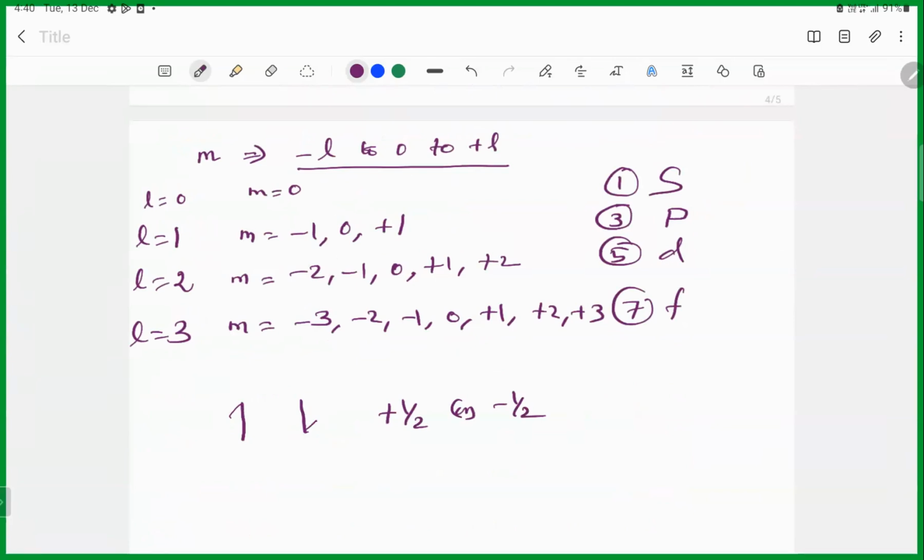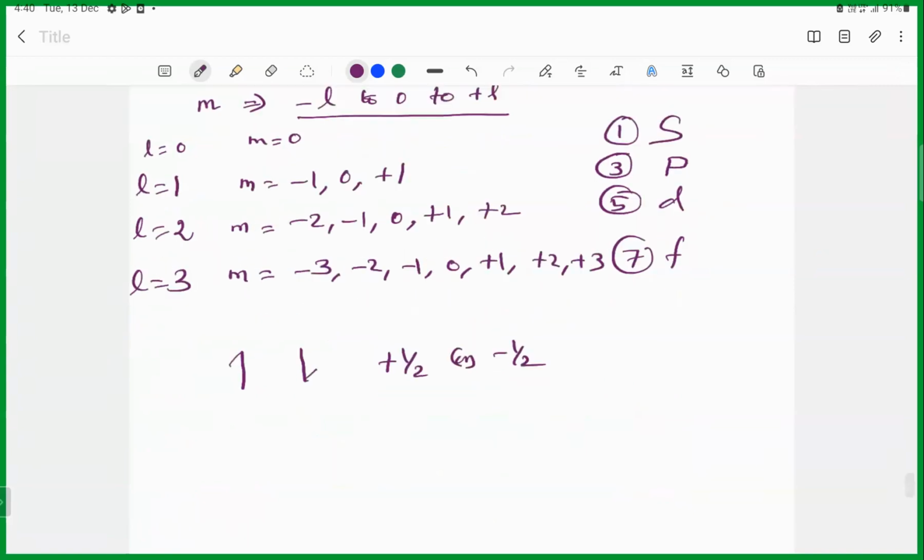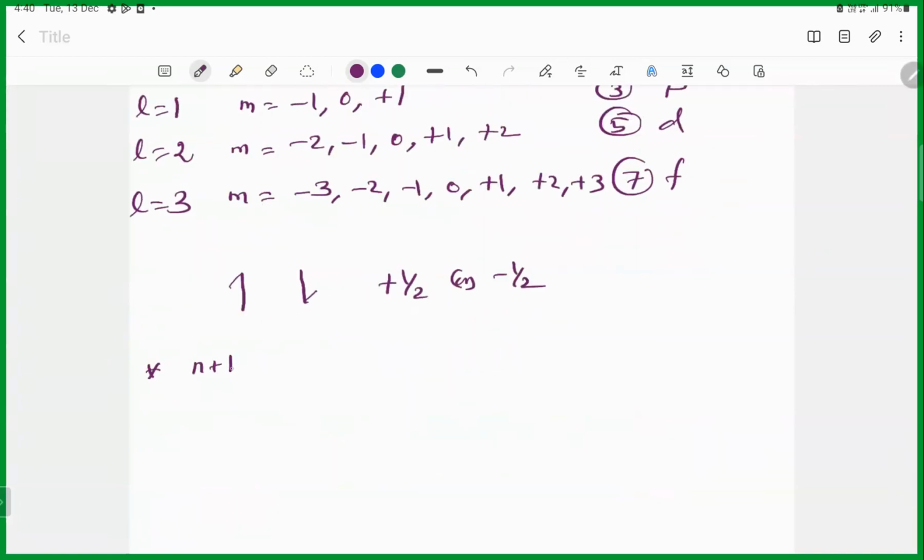When you are filling the orbital, you have to follow Aufbau principle or n plus l rule. Hund's rule for the maximum multiplicity.